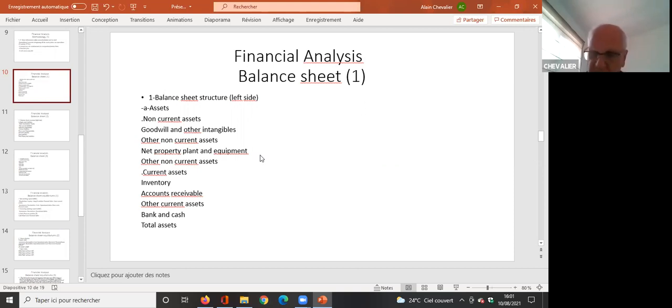And in the intangible brands you find in the balance sheet of Nestle, you will find only the brands which were bought by Nestle. Nestle has bought some brands in different industries, and in that case, they are incorporated into the balance sheet of Nestle at their level in the balance sheet of the companies bought at the time of the acquisition.